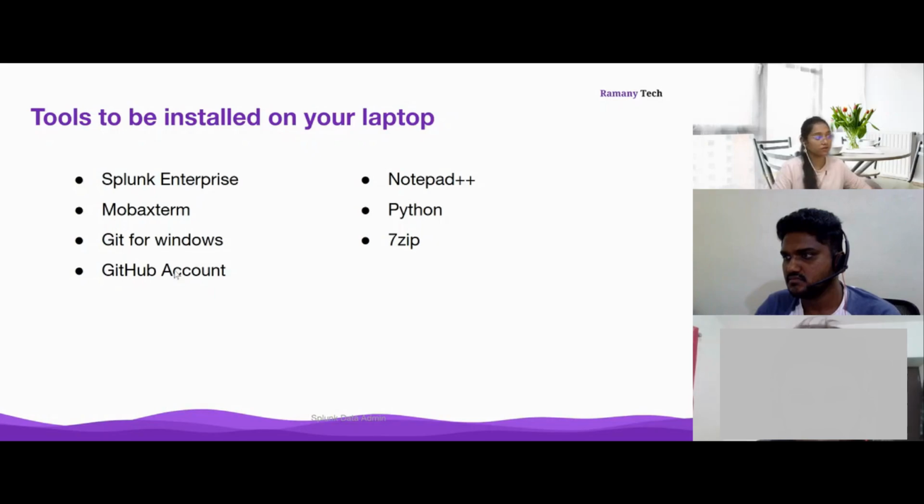Also Git for Windows and a GitHub account, Notepad++, the latest version of Python, and 7-Zip to package your files. These are the most commonly used tools on our laptops. If you have space, then please install them, or else don't take the risk. The main point: don't install Splunk Enterprise if your laptop can't handle it.